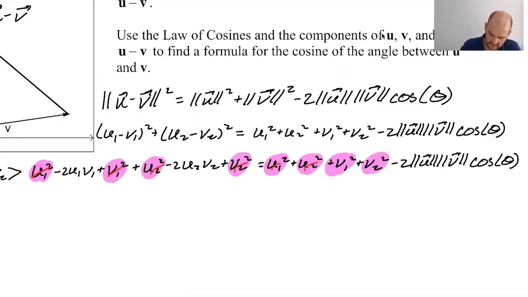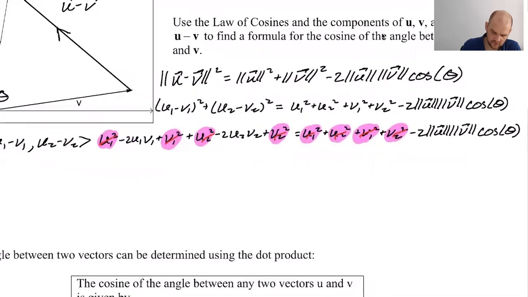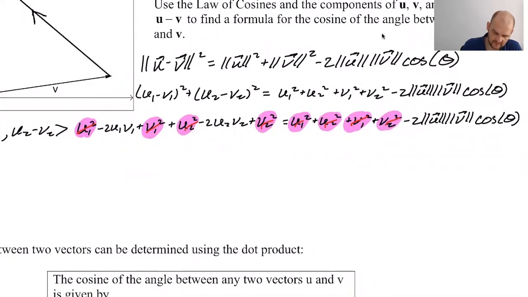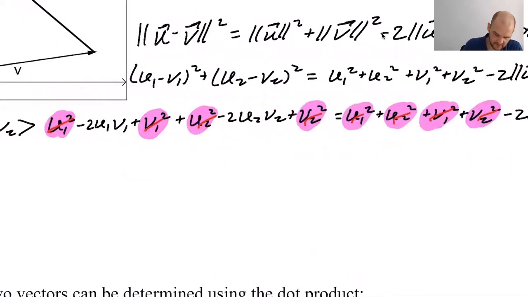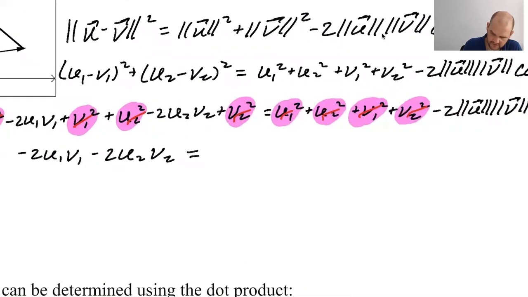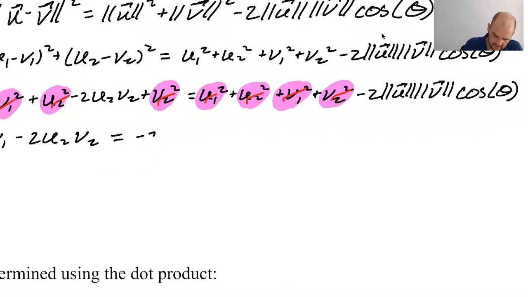So really at this point, all that I have is negative 2u1 v1 minus 2u2 v2 equals, what's left over here? Negative 2, the magnitude of u, the magnitude of v, cosine of theta.